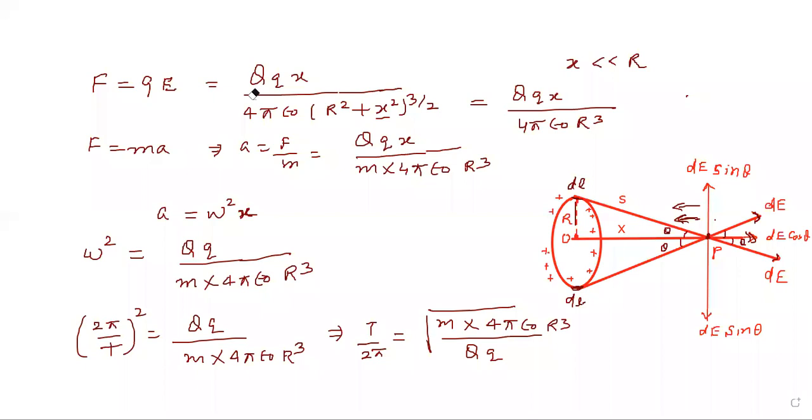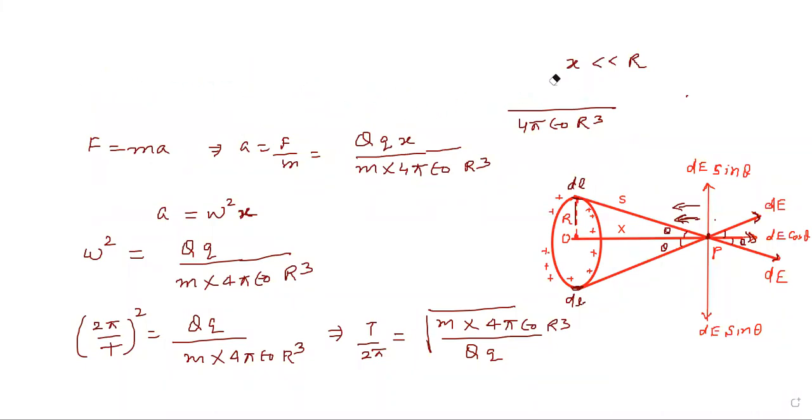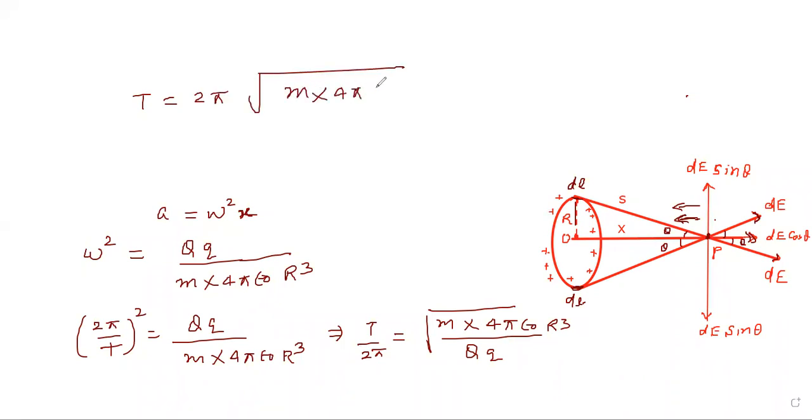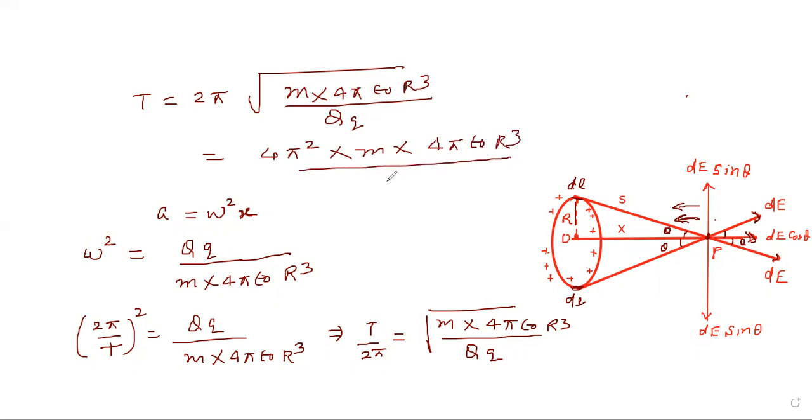Now we write it further as T equal to 2 pi root of m times 4 pi epsilon naught r cube divided by capital Q small q. We take this 2 pi inside, so that will become 4 pi square times m times 4 pi epsilon naught r cube divided by capital Q small q under root.